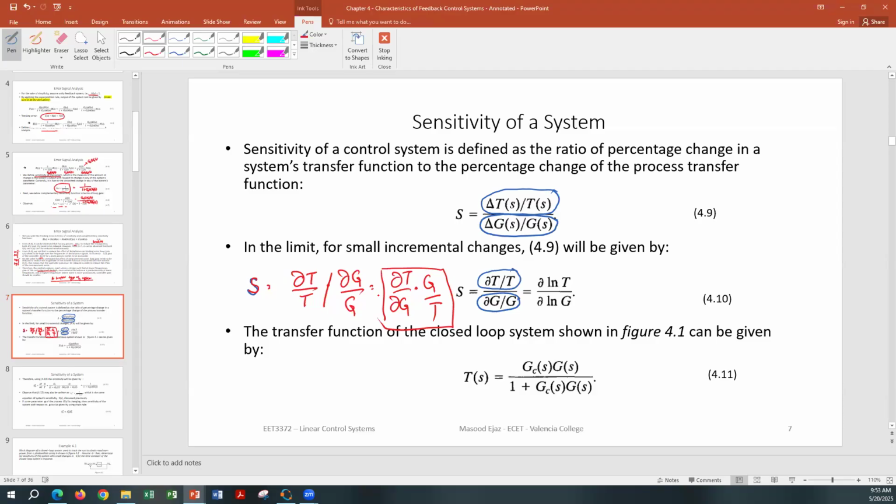So that's the same expression written differently. And here you can see derivative of natural log of T over derivative of natural log of G, which comes out to be the same as this. Derivative of natural log of T is 1 over T times derivative of T, and derivative of natural log of G is 1 over G times derivative of G. So it's the same thing as this.